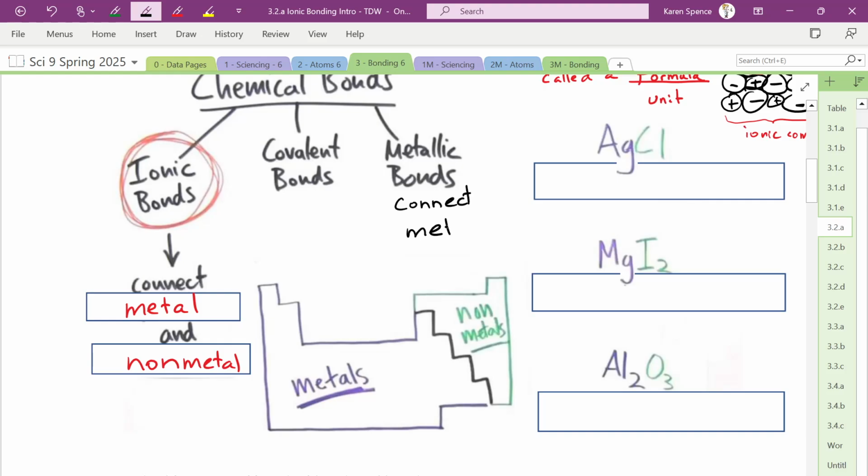Metals. And what do covalent bonds connect? Non-metals. Okay.